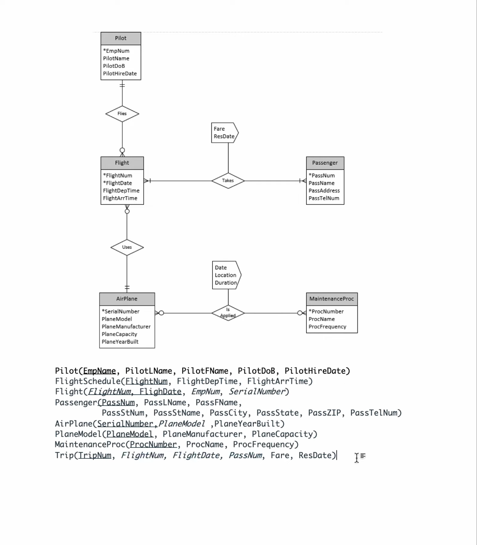And now we need to do the same thing to the relationship between airplane and maintenance procedure. So we'll call this a maintenance log. We give it a made-up primary key. Then we need the primary keys of the entities that are standing in this many-to-many relationship.